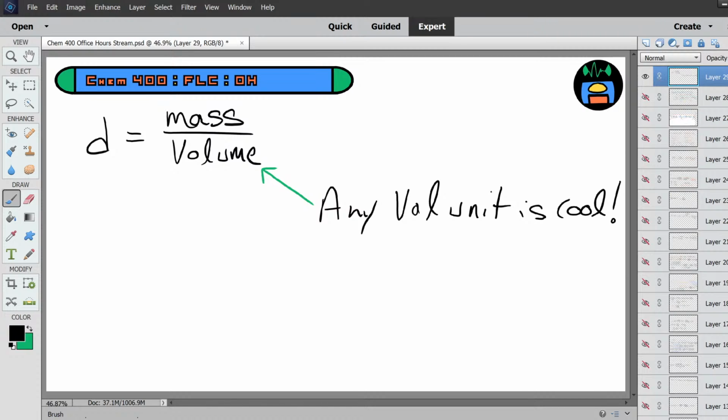They're both totally valid, just different units for the same quantity, which is density.